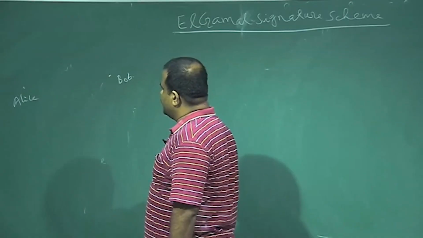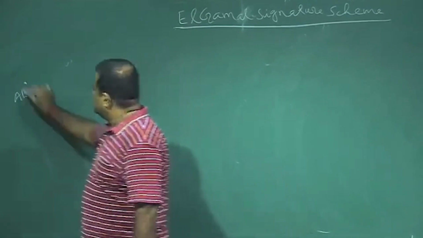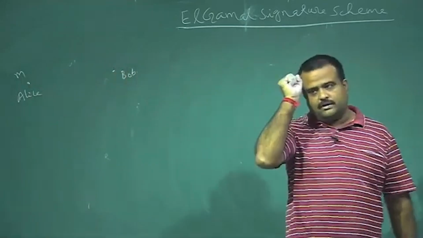They are communicating over a public channel. Now, Alice wants to send a message to Bob. Elgamal is based on the assumption that the discrete log problem is hard.